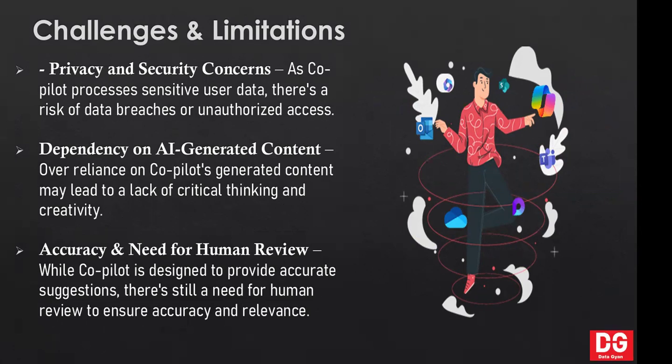There can be consequences of data security breach as it possesses sensitive user data. Accuracy of the content may lead to a lack of critical thinking and creativity, and there is the need for human oversight to avoid errors or bias. However, Microsoft is continuously improving Copilot, ensuring it becomes more reliable and secure in future.